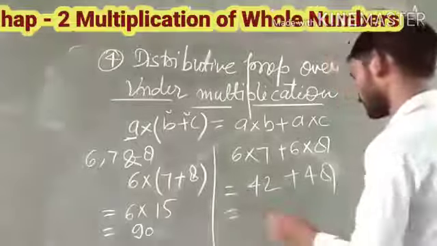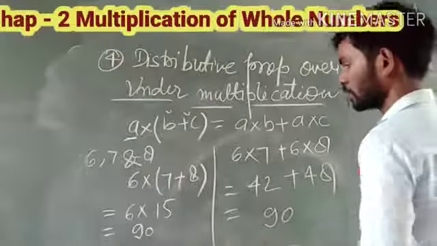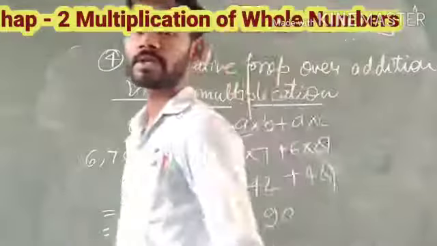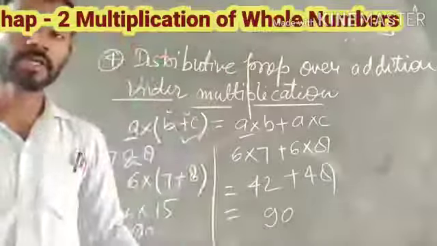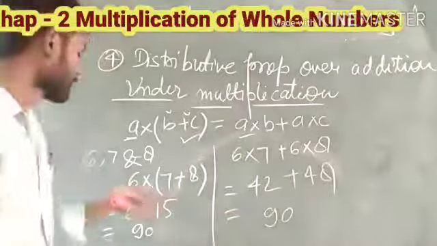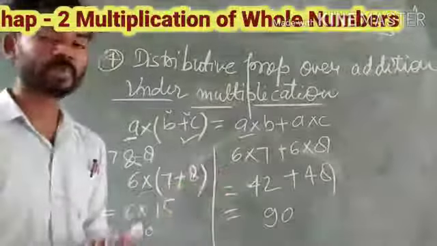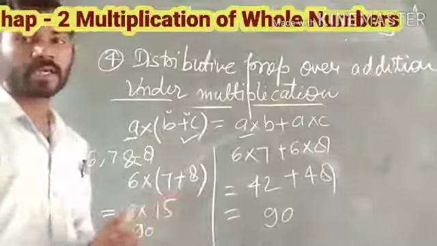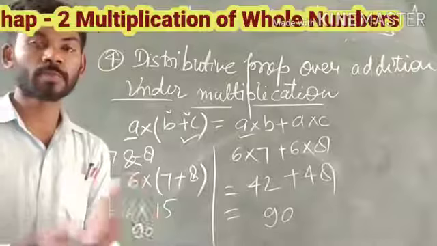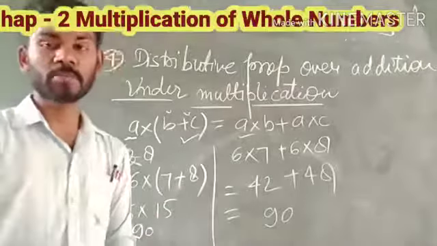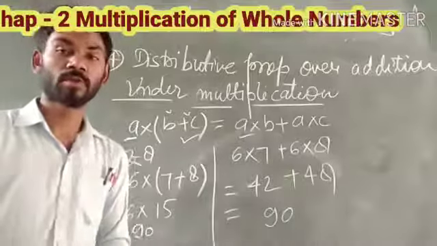So here we get 90. So we can see that both sides give the same result in different order. Here the distribution of 6 takes place in both conditions. So we can say that the distributive property over addition under the operation of multiplication is followed by the whole numbers.